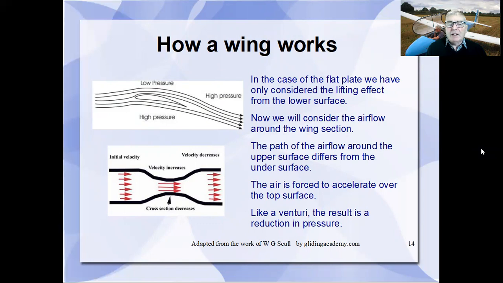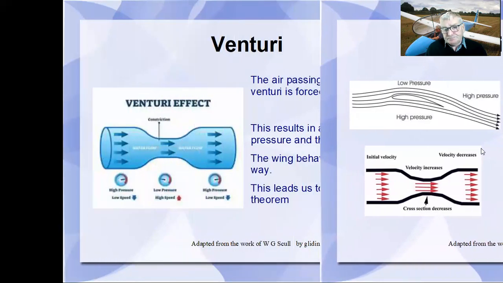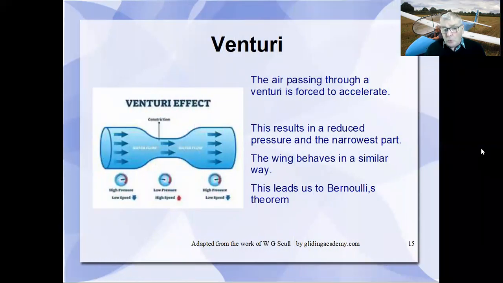The airflow travelling across the top of the wing is accelerated, and this in turn reduces the pressure on the upper surface of the wing. The air, therefore, passing through the venturi, accelerates, and the pressure at the narrowest part of that is therefore reduced.